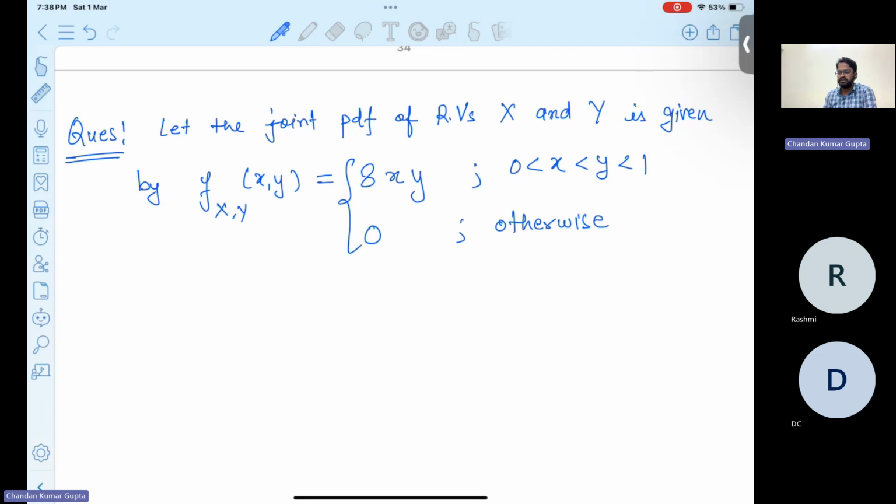We need to find the expected value of y given x equal to x.